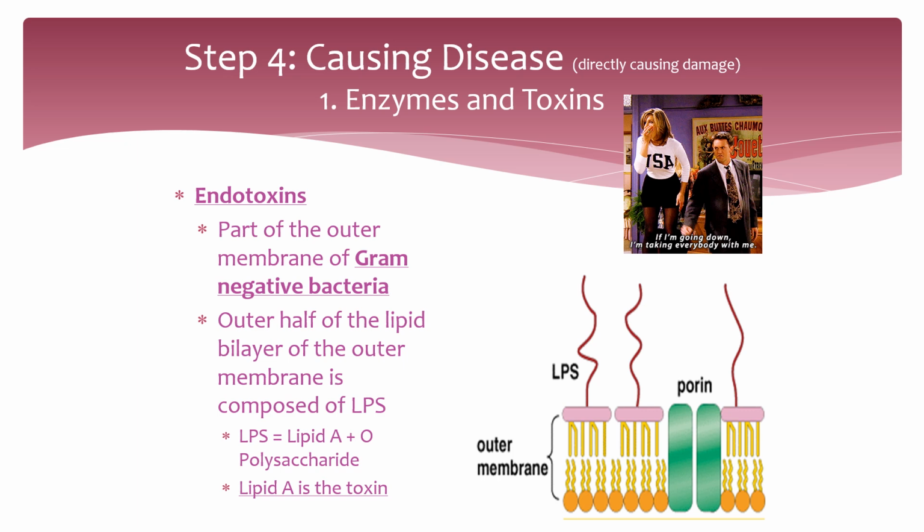So we should remember that the outside of the cell wall for gram-negative bacteria is going to be composed of lipid A. And that lipid A is specifically going to have that endotoxin. And remember when we talked about endotoxins a couple chapters ago, that when the cell dies, if it is a gram-negative bacteria, this can be a big issue.